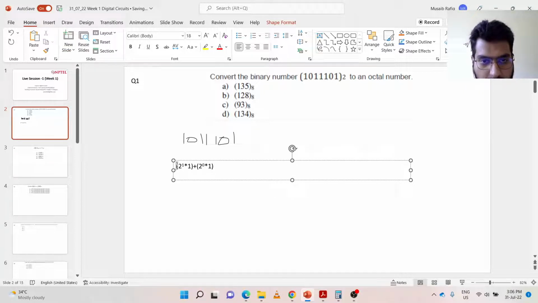Then the next bits are 1, 1, and another 1.